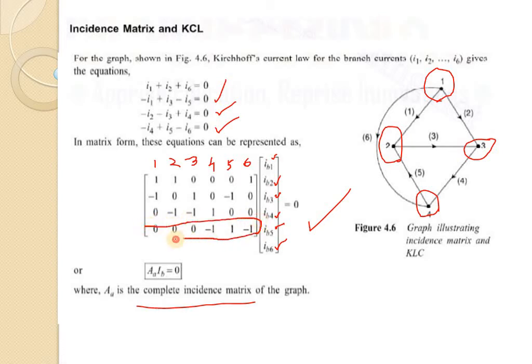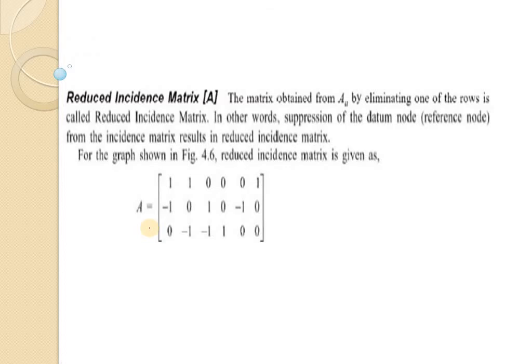Definitely the matrix will be 1 1 0 0 0 1 / 0 minus 1 0 1 0 minus 1 / 0 1 minus 1 0 minus 1 0 ... as read out: 1 minus 1 0, 1 minus 1 0, 1 0 minus 1, 0 1 minus 1 0 0, 1 0 minus 1 0, 1 0 0. See, this is the reduced incidence matrix.